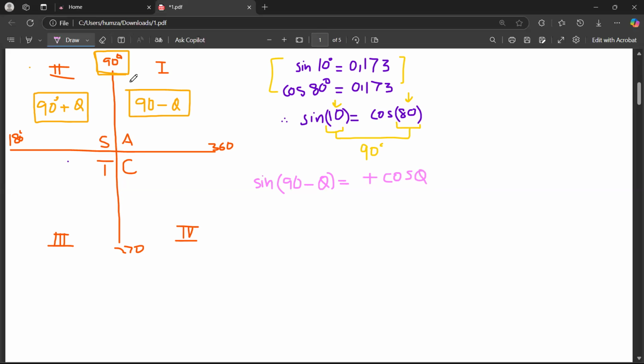Why? Because 90 minus theta lies in the quadrant where all the trig ratios, cos, tan, and sine, are positive. And sine theta is the co-function of cos. So we change sine 90 minus theta into cos theta, and we put a positive sign, and this angle is the same as this angle here.